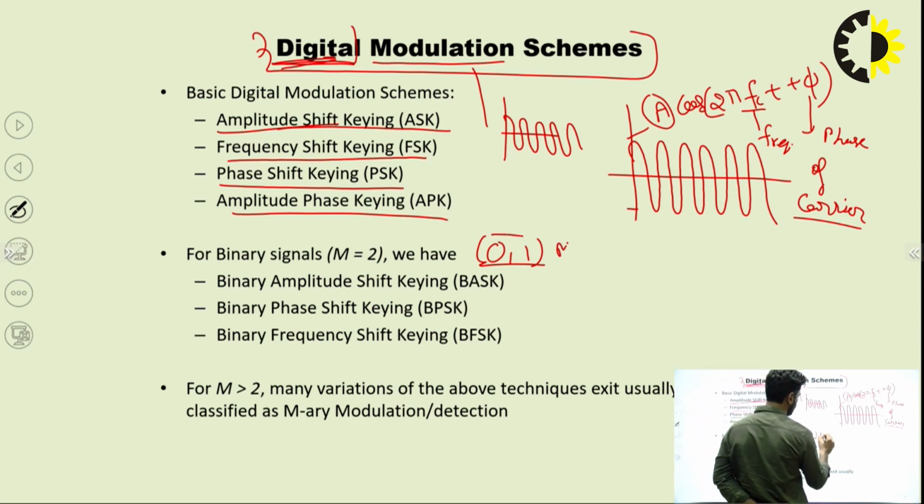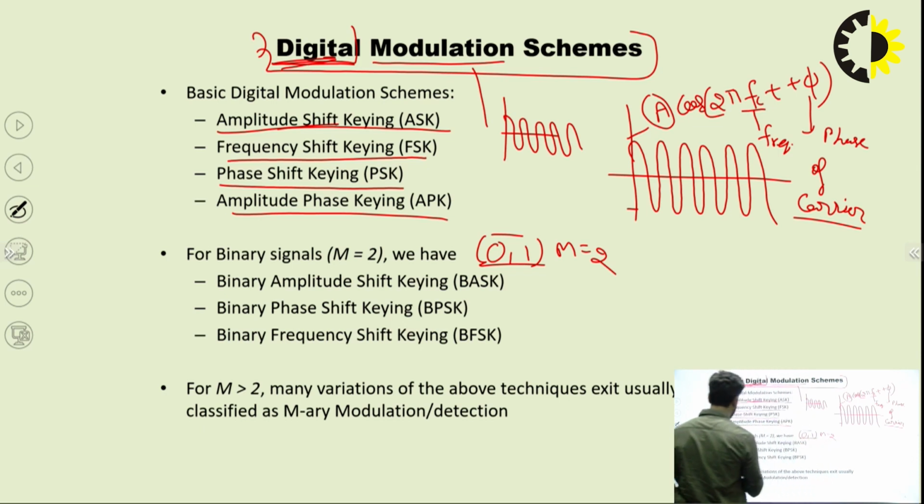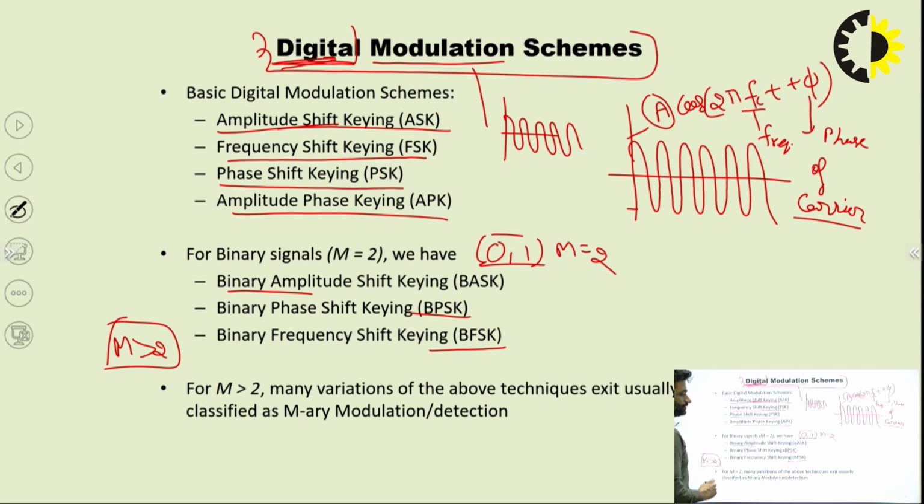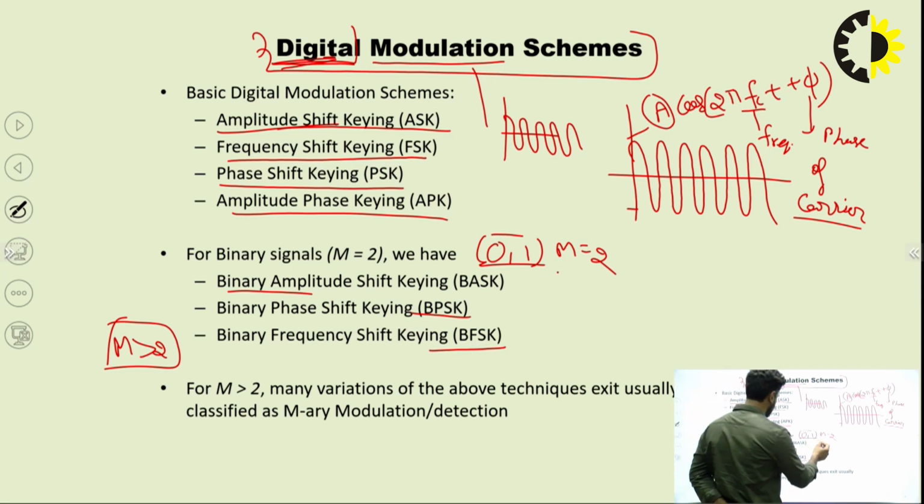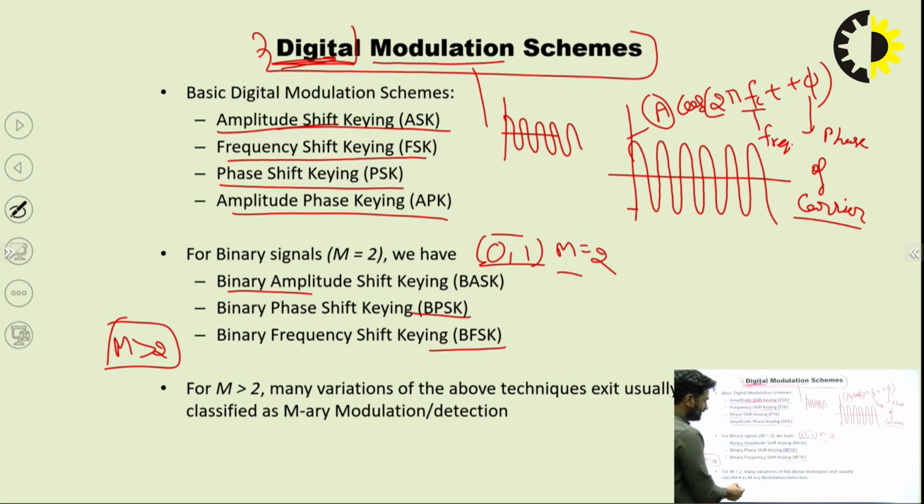This gives BASK, BPSK, BFSK: binary amplitude shift keying, binary phase shift keying, binary frequency shift keying. If M is greater than 2, that is, the binary digit count is greater than 2, then it is classified as an M-ary modulation technique.